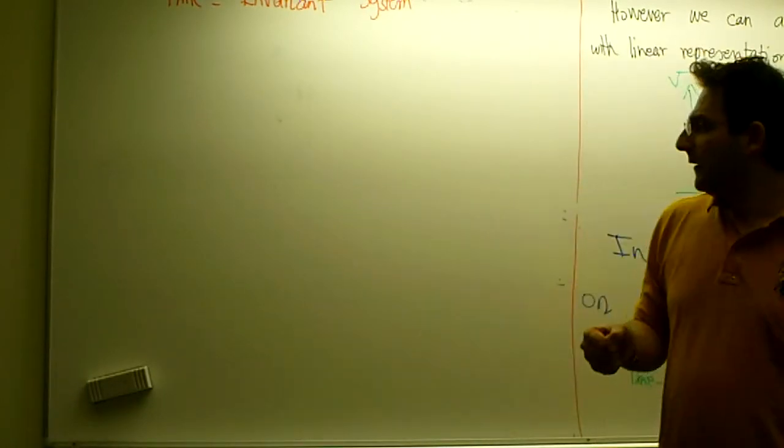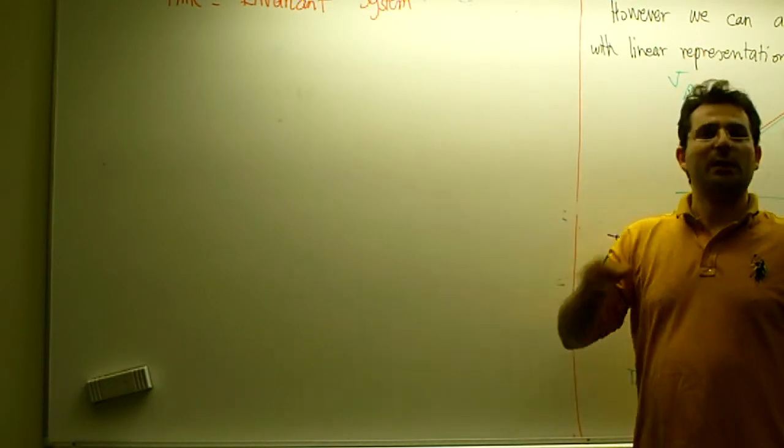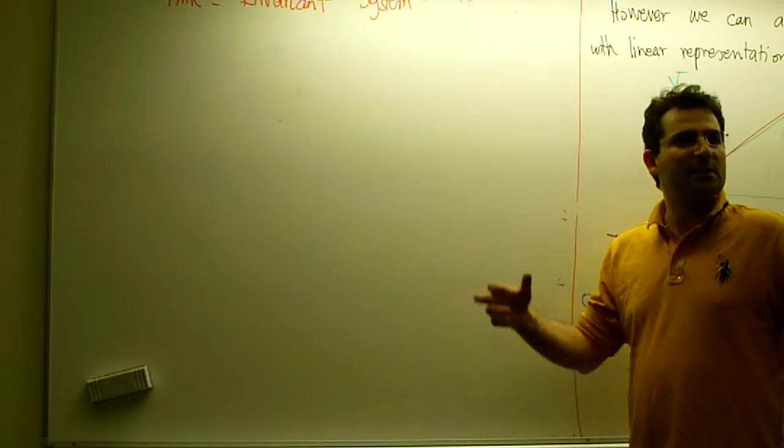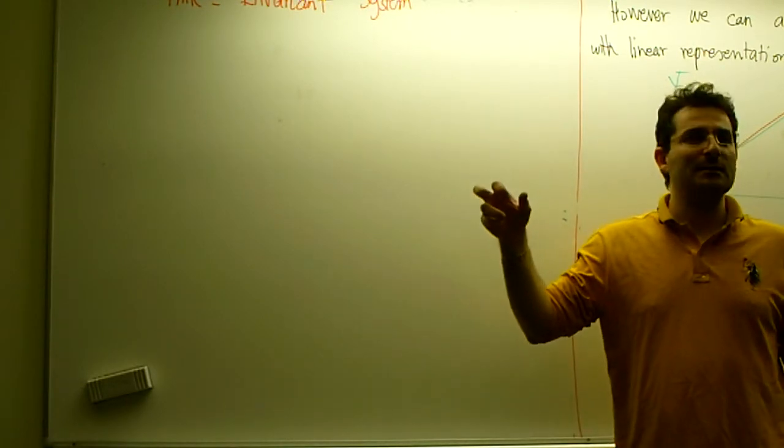In other words, if I hit the board, it makes this sound. If I come next week and I hit the board in the same situation, I get the same sound. So it means that this is time invariant.